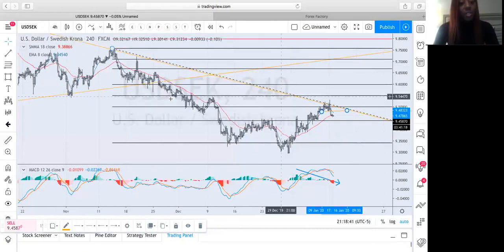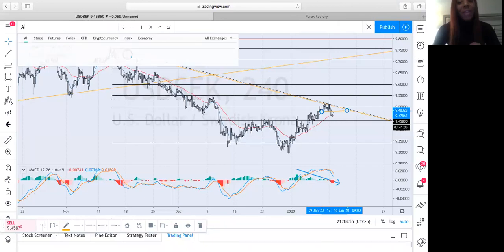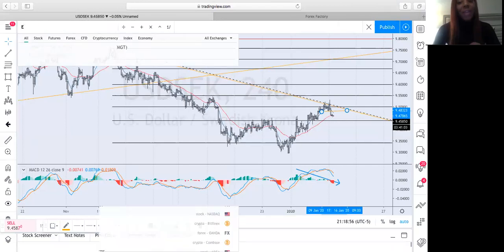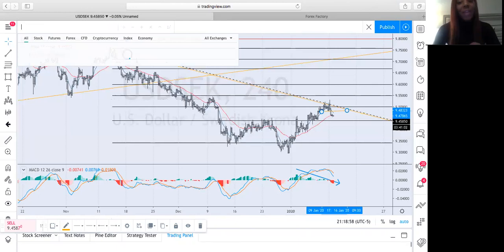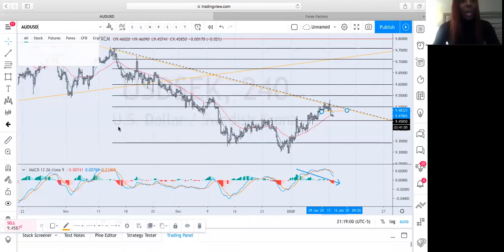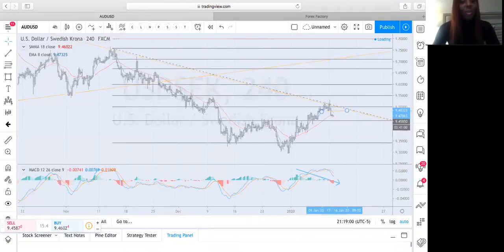There was one more that I wanted to go over. Does everybody understand what I'm talking about when I talk about divergence? Because that EA trade that we talked about the other day was perfect. I think it was AUDUSD, about a week ago.